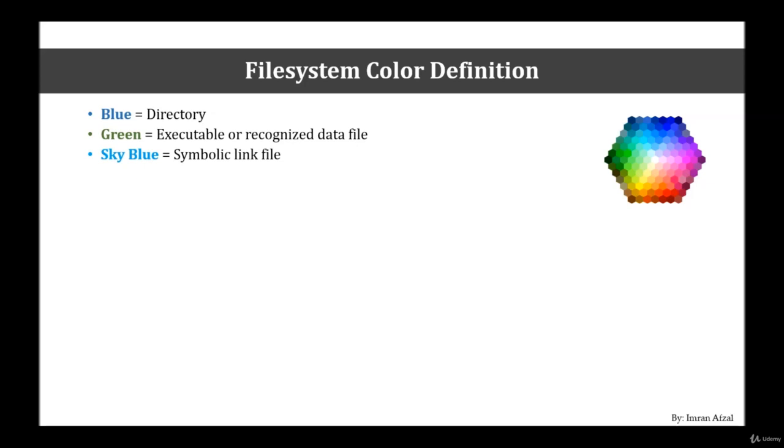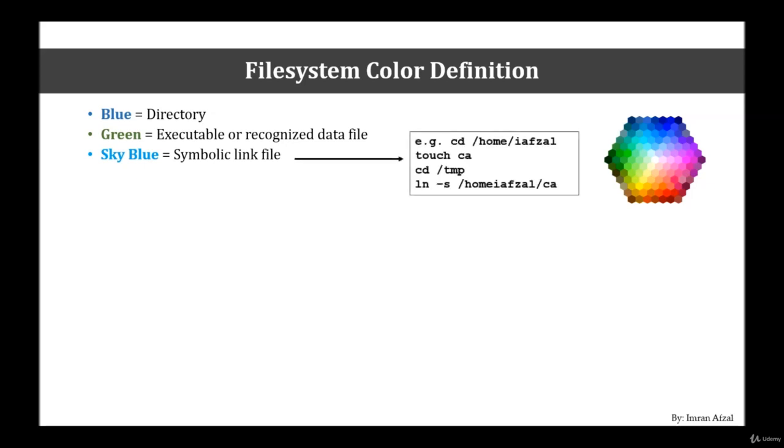As an example, if you wanted to create a link, you would run this command, which is cd /home/ifzol. This is where the source of the file is located. You create a file, let's say touch ca, in my example, Captain America. Then you cd into /tmp. That's where you want the link to be created.